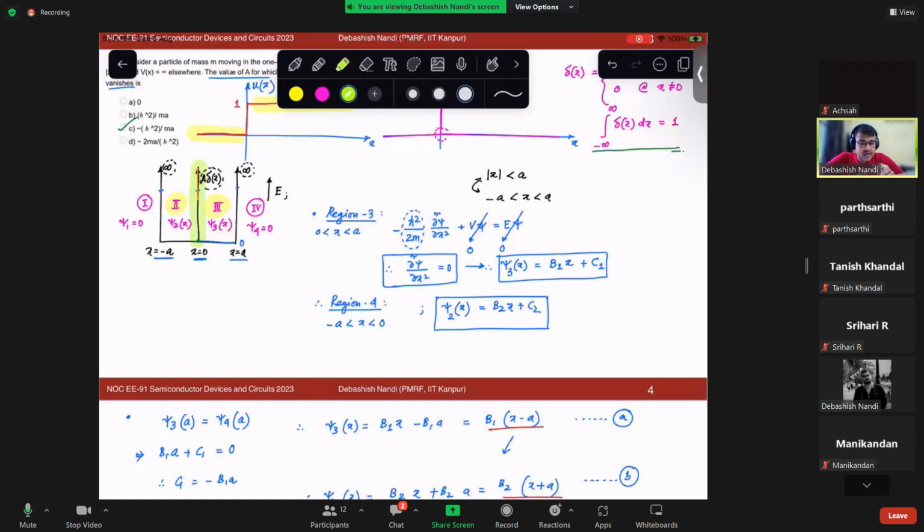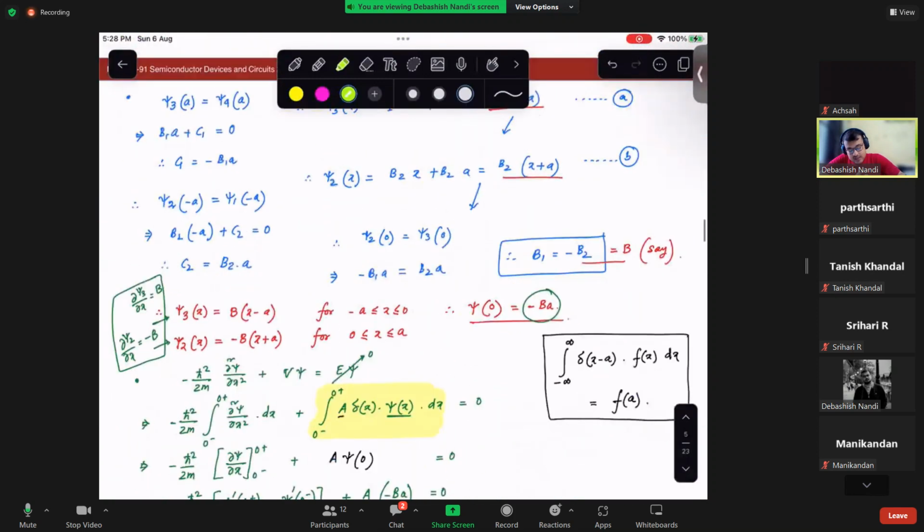This delta potential you cannot achieve in a physical sense. So in any of your exam problems or future research problems, if you encounter a delta potential, remember that the wave function is continuous around it, but the derivative is not continuous. So this is the point I wanted to make.